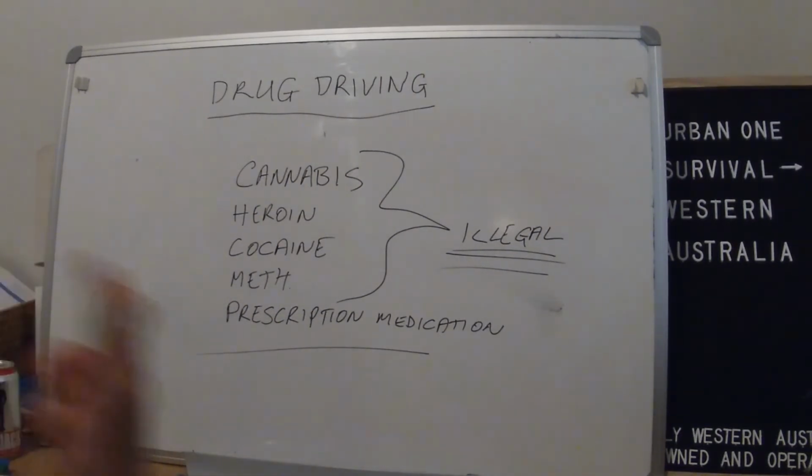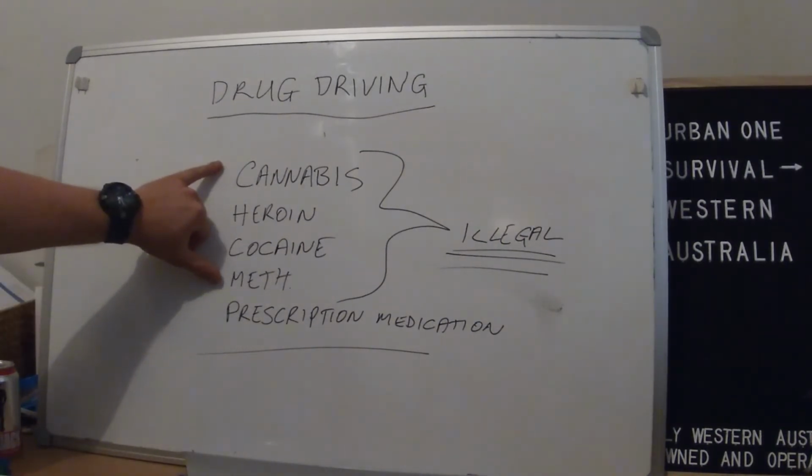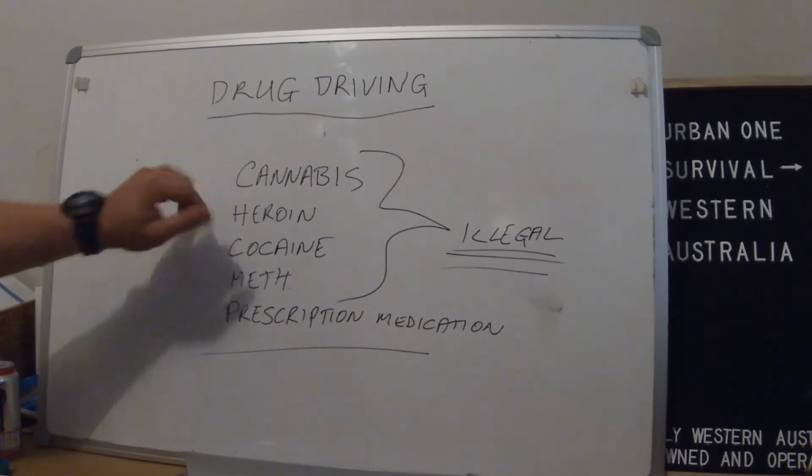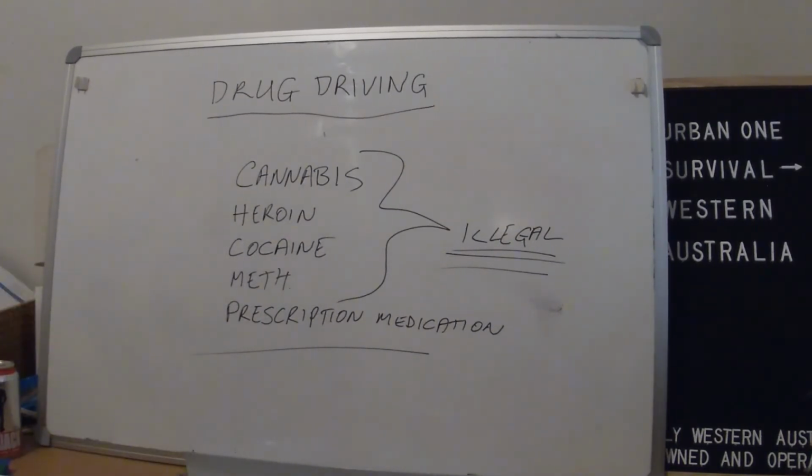That's an offence under the Misuse of Drugs Act. I'll get into that a little later. But for the most part, if you've got any illegal substance in your system, not limited to these four, and including your prescription medication, do not drive.